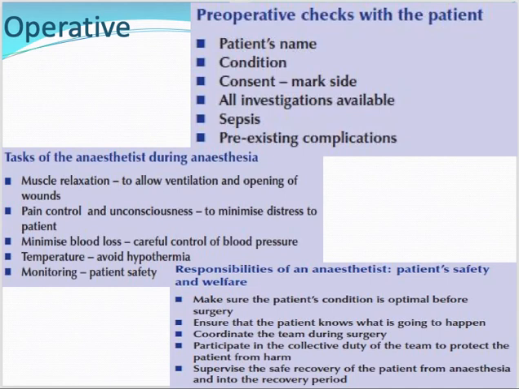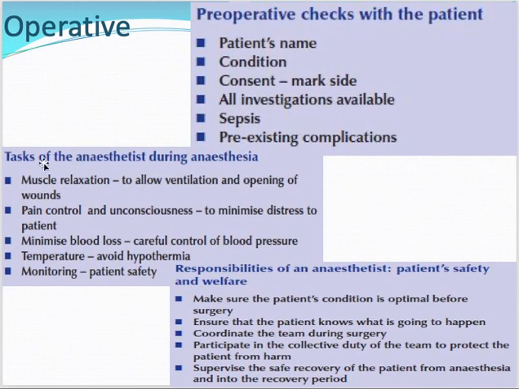So operative care, of course, as I told you, you will study anesthesia, you will cover this over there. So you can say preoperative checks with the patient: patient name should be checked, consent should be taken, all investigations should be available on that day, sepsis and pre-existing complications should be known. The tasks of the anesthetist during anesthesia are muscle relaxation, pain control, and unconsciousness, minimizing blood loss, and temperature; they must avoid hypothermia, and they should monitor the patient so that the patient is safe.